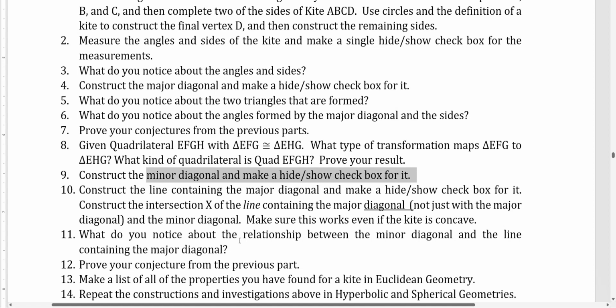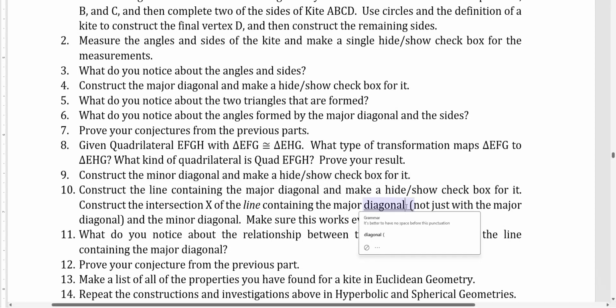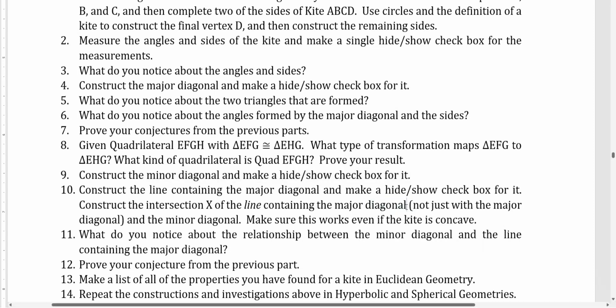What do you notice about the relationship between the minor diagonal and the line containing the major diagonal? And then see if you can test out that conjecture and prove it. So notice we're doing something here that mathematicians do a lot. You look at some situation, and then you maybe look at an example, and better yet, make some kind of dynamic example, say in GeoGebra, test out lots of conjectures, notice a property, test it out, see if it works, then actually turn your conjecture into a theorem or proposition by proving it.